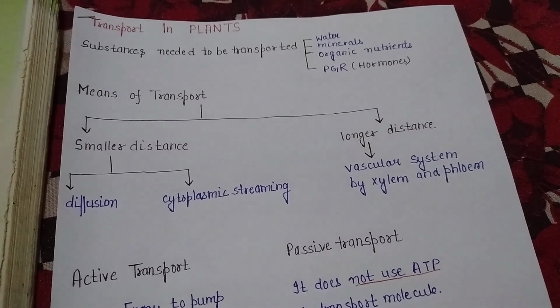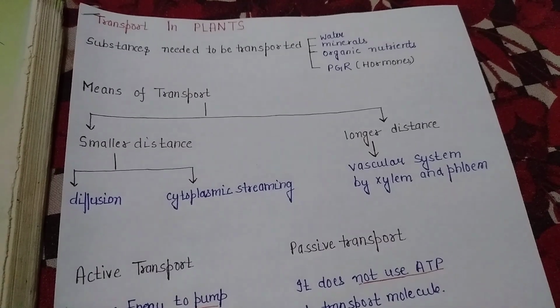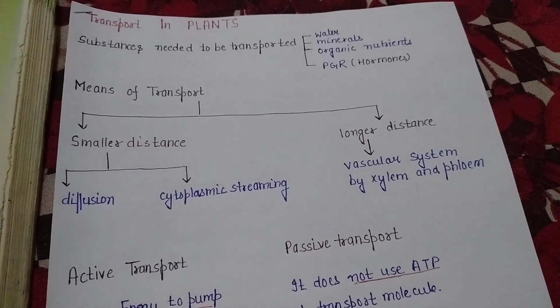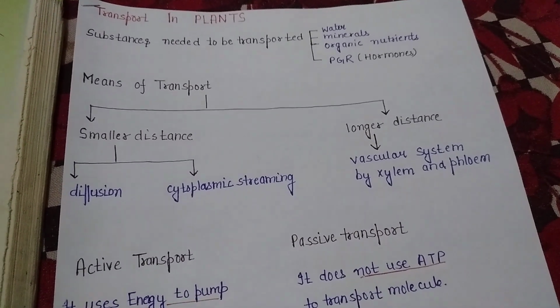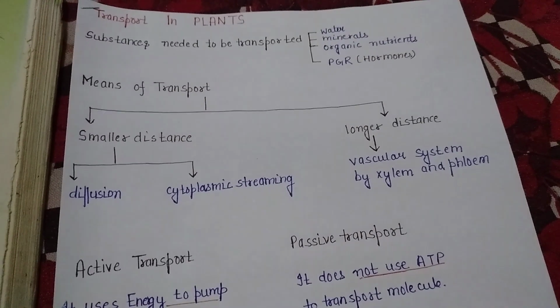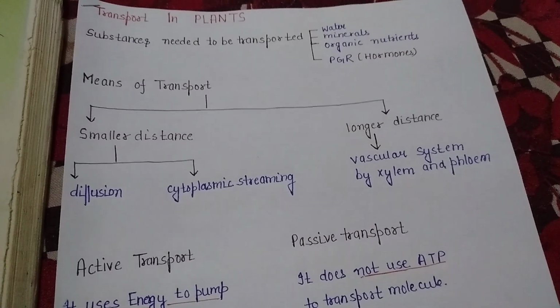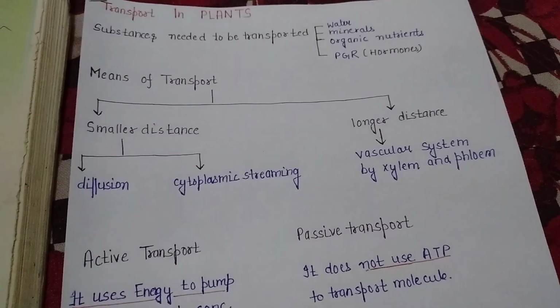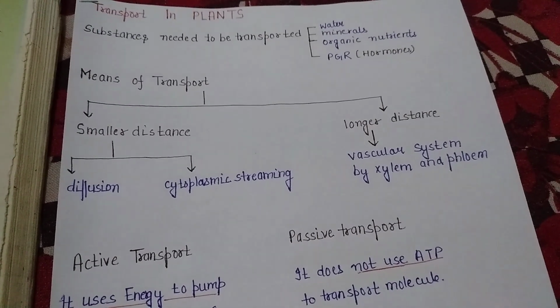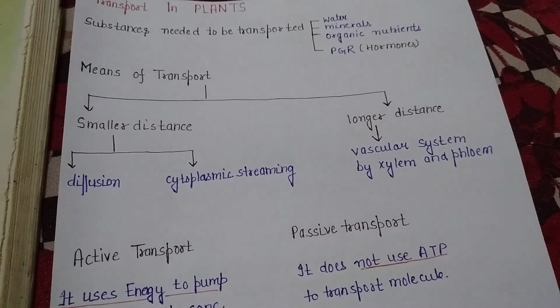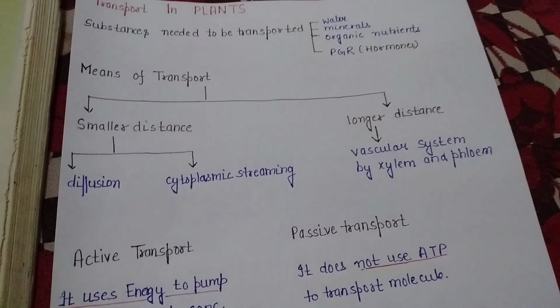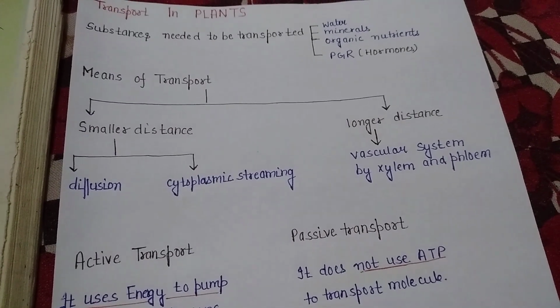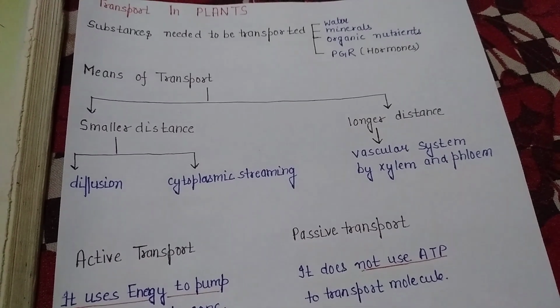Over small distances, substances can be moved by diffusion. So the means of transport in plants are of two types: a smaller distance and a long distance. A small distance can be covered by diffusion and cytoplasmic streaming, and if the transport is long distance, it can take place with the help of the vascular system, by xylem and phloem.